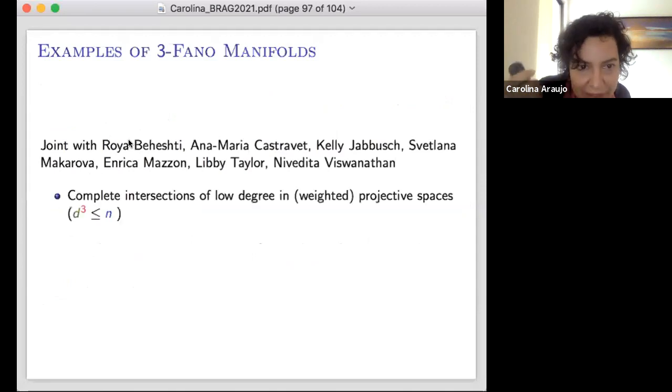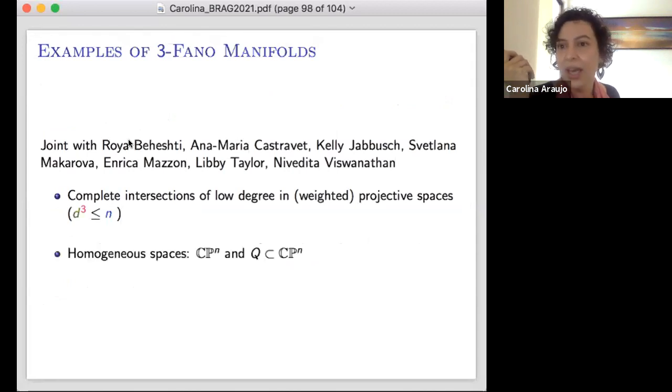So actually, let me write down that the only known examples of 3 Fano manifolds are the complete intersections of low degree in weighted projective space, and Pn and the quadric, which is in particular also a complete intersection of low degree in projective space.